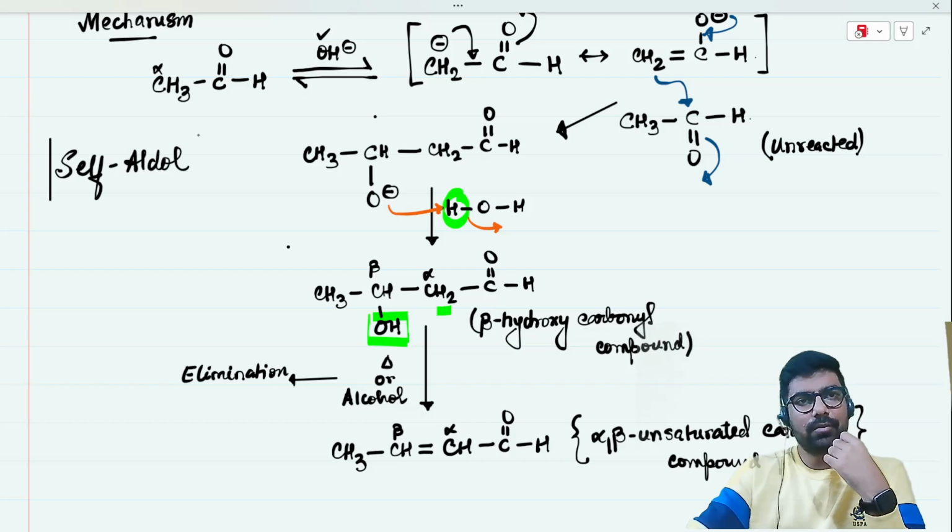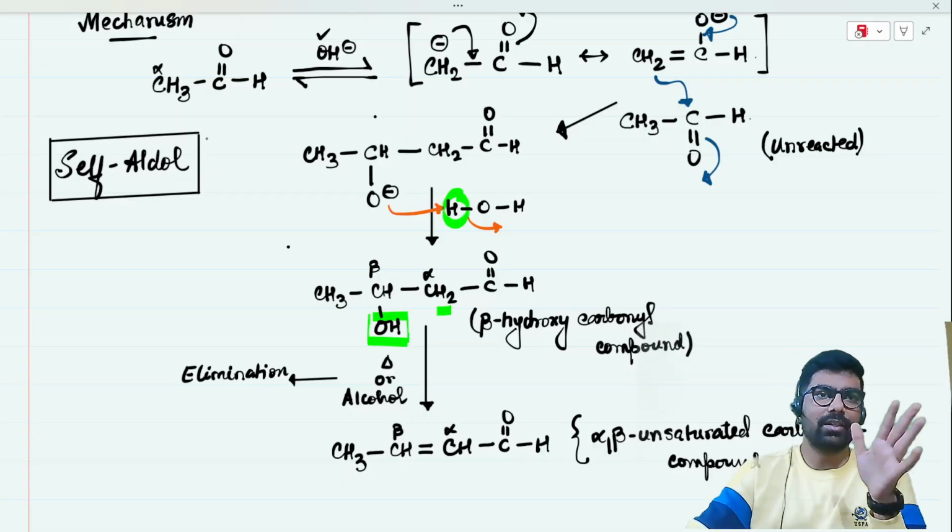Obviously now you can understand that if there is a self aldol, then there must be a cross aldol also, right? So we will study all the types of aldol. Just give it some time.